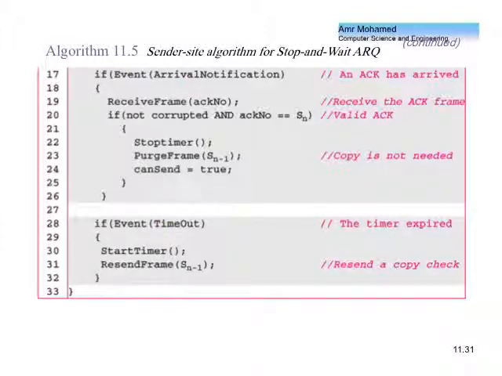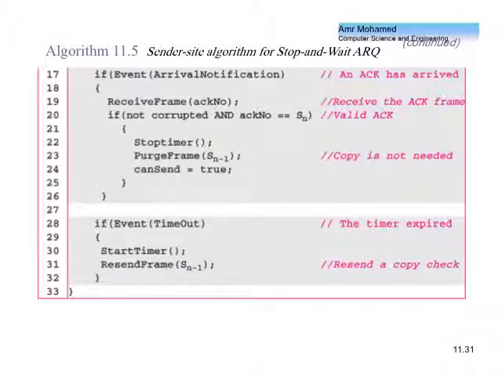Unless I receive this third event before the second event. This means that the timeout has elapsed and I did not receive an acknowledgement. In which case, we will resend sequence number minus 1, which is the frame that I just sent. I'm just trying to retransmit it again, and then start the timer again.